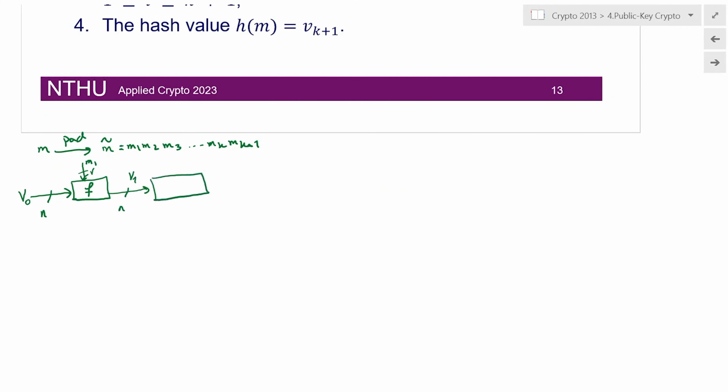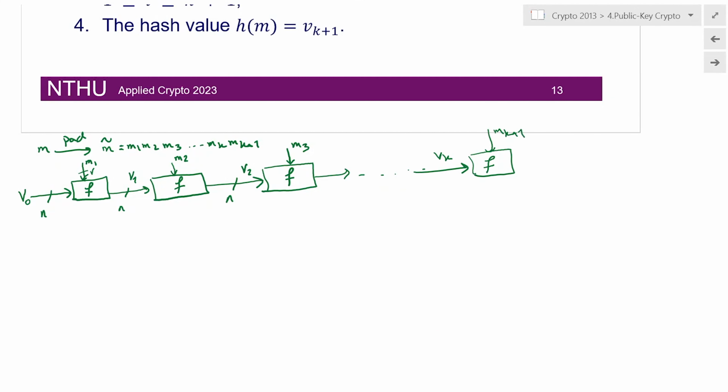So we would continue with that, and then we would insert m2 over here and apply the f function, and it would output for us another n bits, which is v2. And again, we continue with this, and so on and so forth, until we get some vk, and then we send it to an f function along with mk plus 1, and then at the end we get the n-bit vk plus 1.